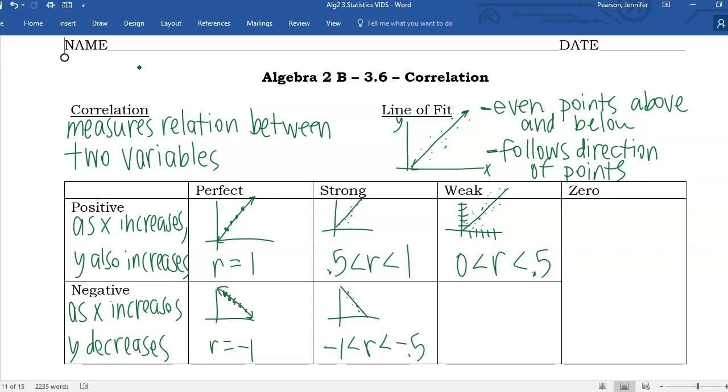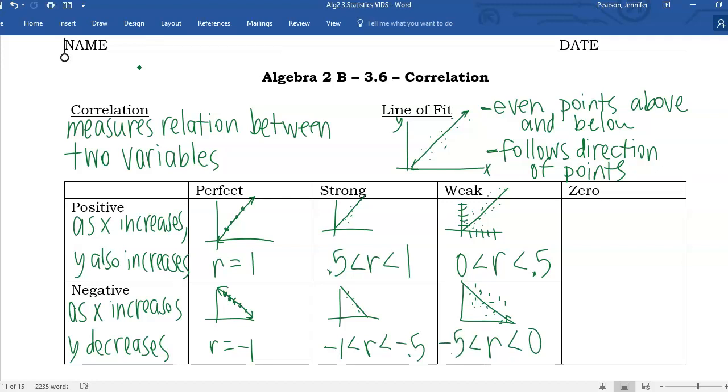And then a weaker but still negative correlation, we're going to have an obvious downward trend of the points, but they're going to be a lot more spread out, right? A little further from the line. That would be a weaker correlation. So our R would be between 0 and negative 0.5.